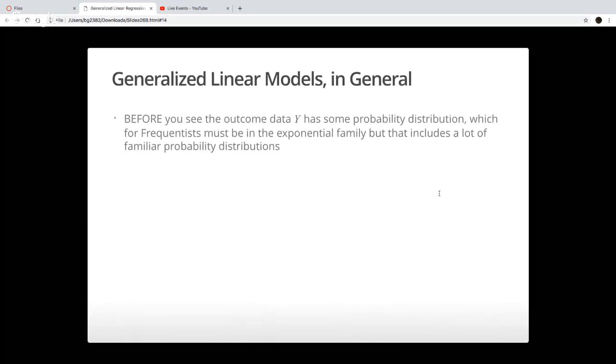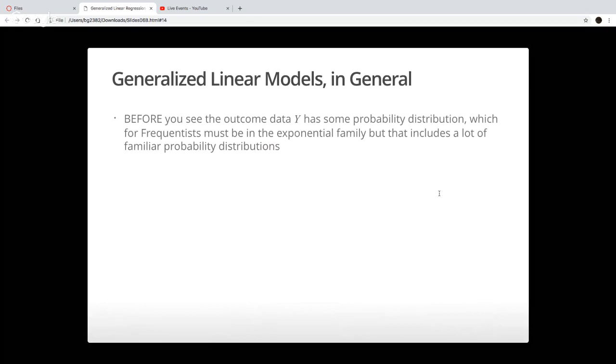But we've sort of indirectly, or from examples, stumbled on a more general approach to modeling known as generalized linear models, or GLMs. The general statement of a generalized linear model consists of basically three pieces.